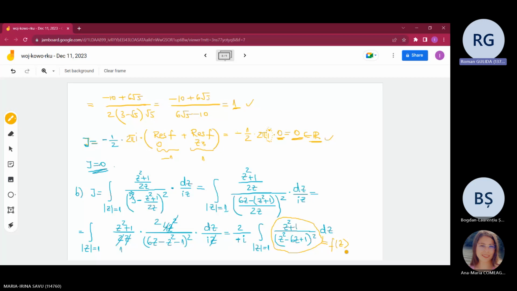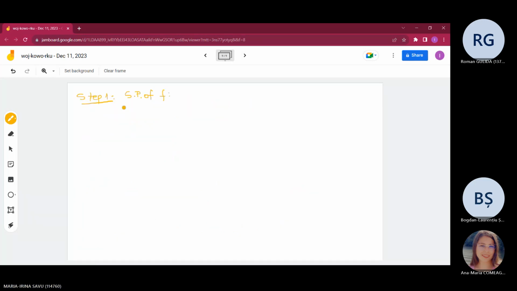3 minus 2 square root 2 and 3 plus 2 square root 2. Let's see, let's make the computation. So you have z squared minus 6z plus 1 equals 0. The discriminant is 36 minus 4, so it's 32.